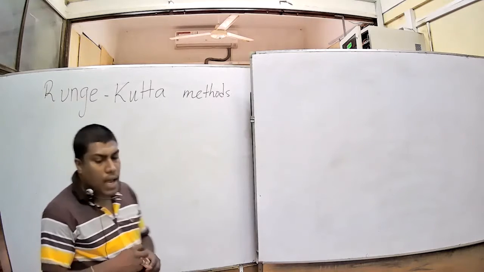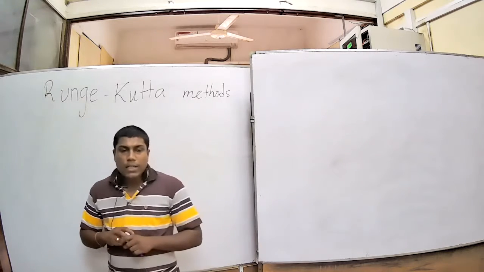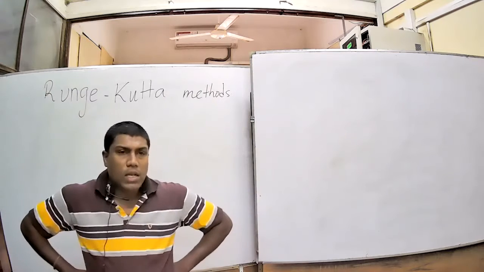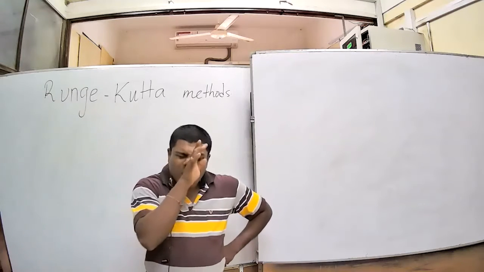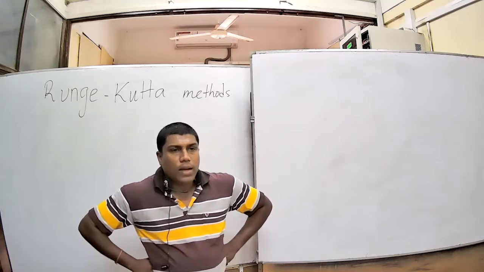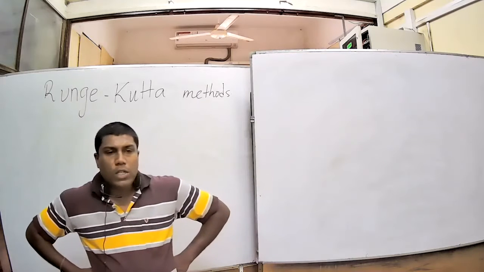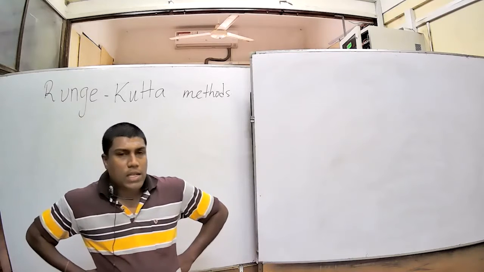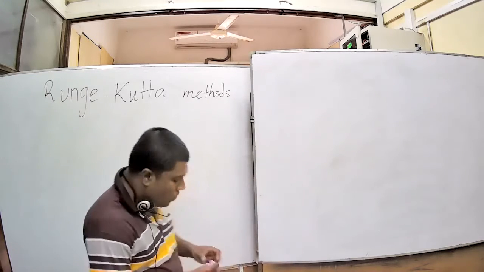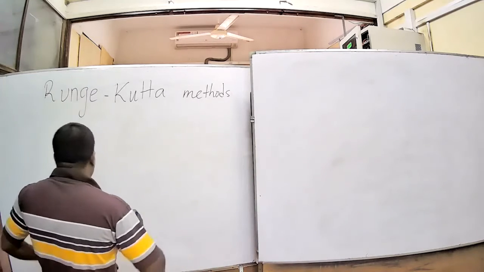And then we see that the Euler method is basically a Taylor's approximation for the solution y at t_{n+1}, right, when we approximate the Taylor's expansion with the first derivative, right?